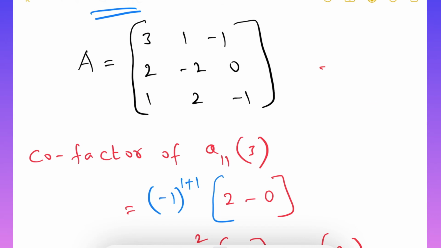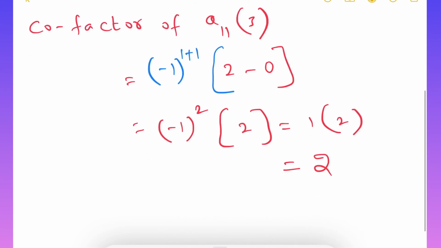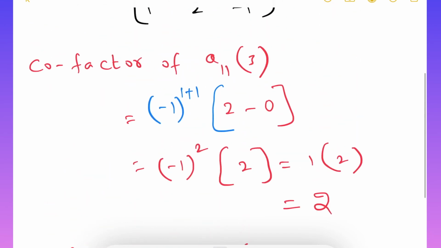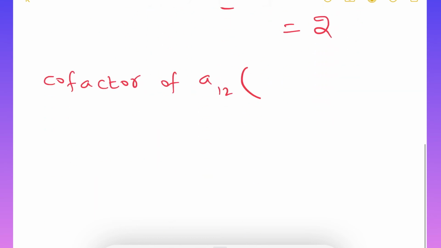Cofactor of A12. What is the number here? That is 1. First row, second column.